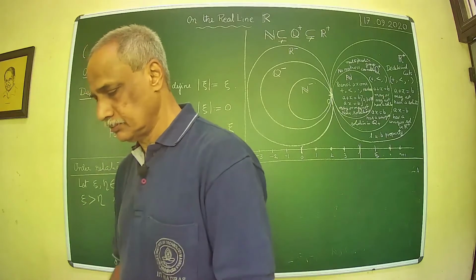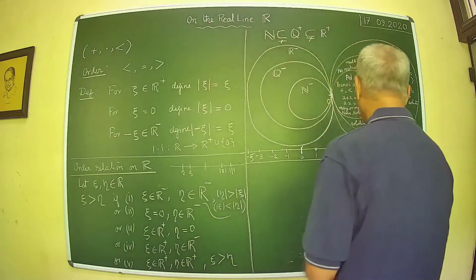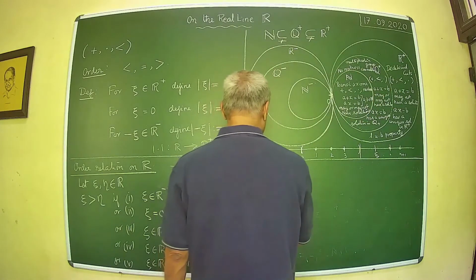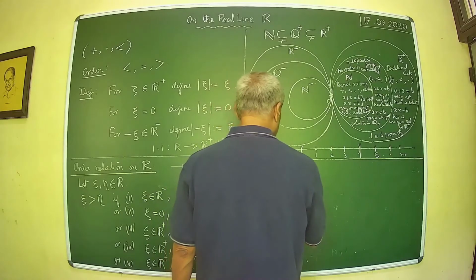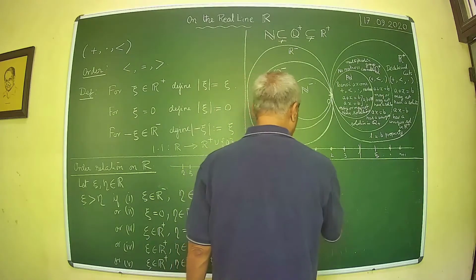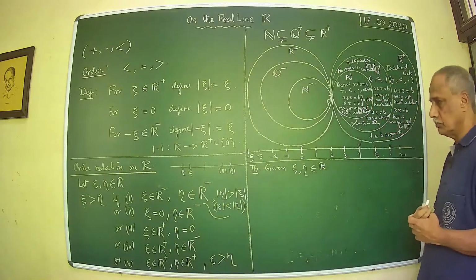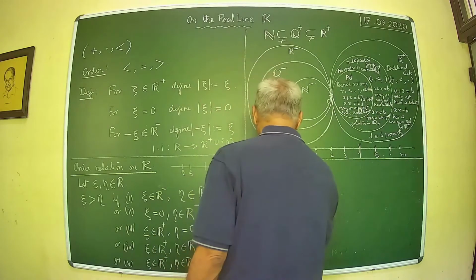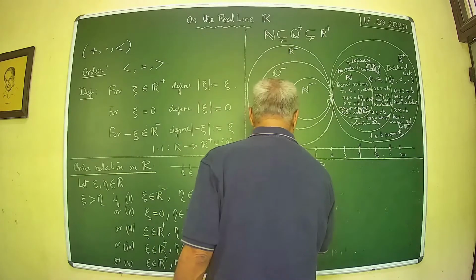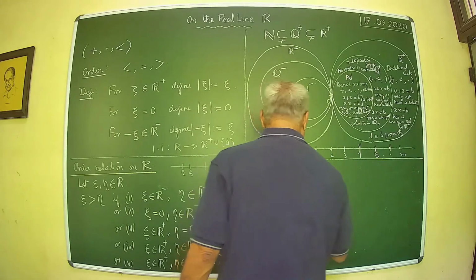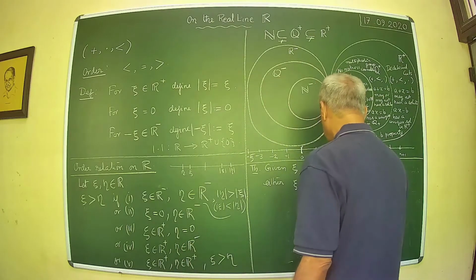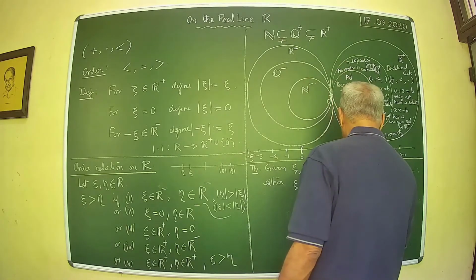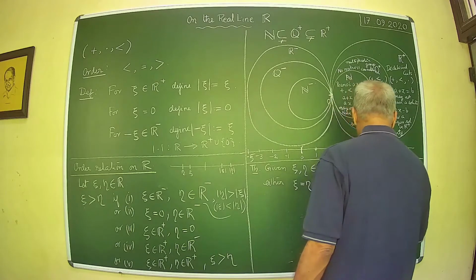Things like, given psi and eta belonging to R, this is what one can do. Either psi is equal to eta, or psi is greater than eta, or eta is greater than psi.